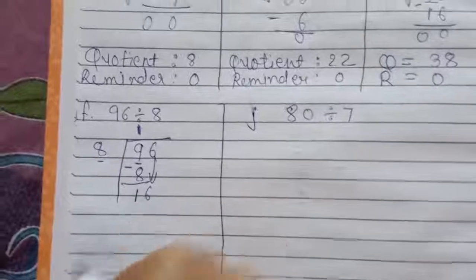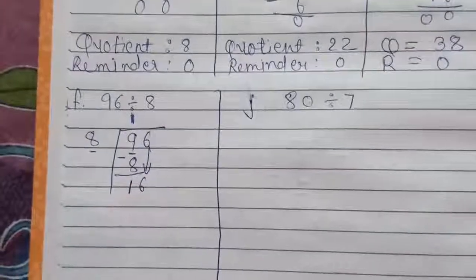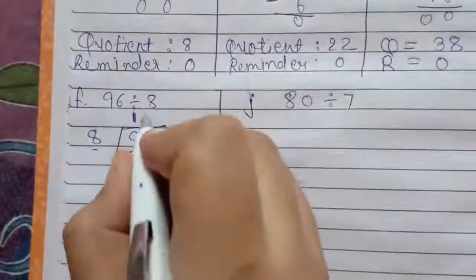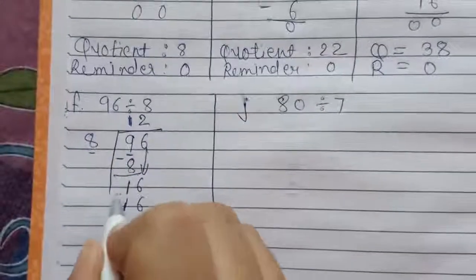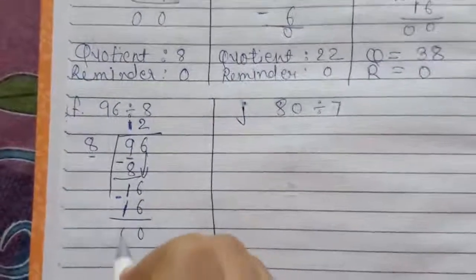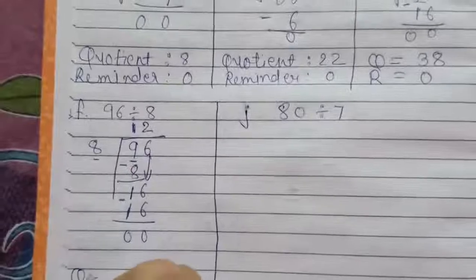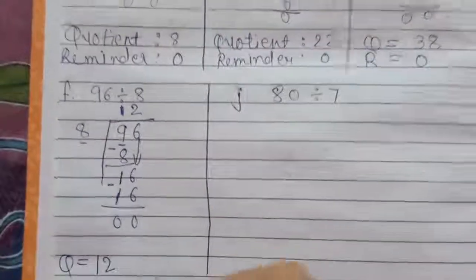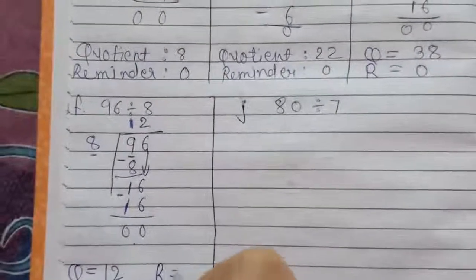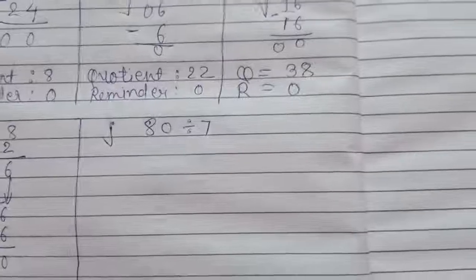Bring down the 6. 16. 8 1s are 8, 8 2s are 16. इसके लिए आपको कंपलसरी मल्टीप्लिकेशन टेबल आना चाहिए. नहीं आ रहा तो उसको याद कर लो. क्वेश्चन इज 12 एंड रिमाइंडर इज 0. Now 80 divided by 7.